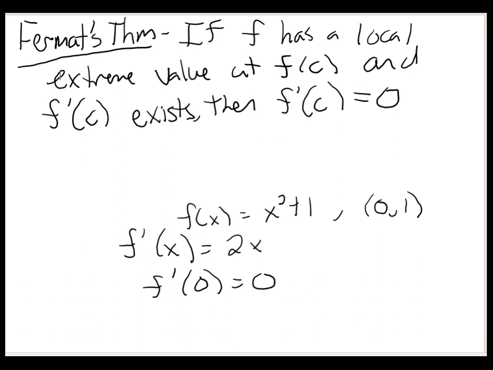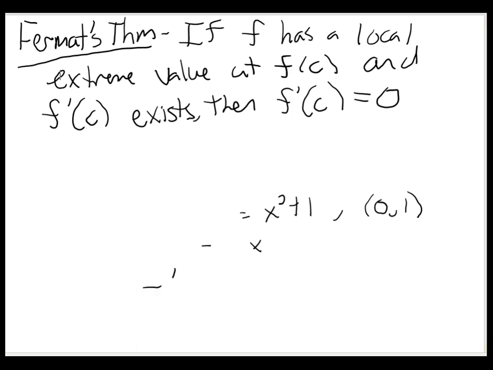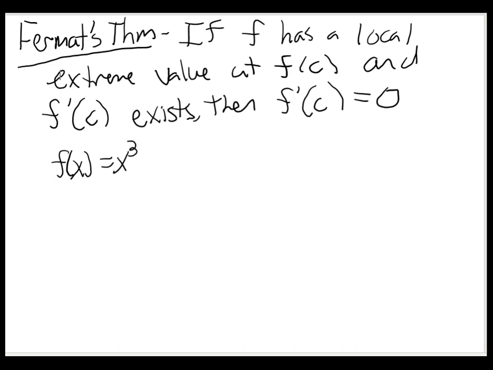Now, an interesting case is whenever you take something like f of x equals x cubed, this actually looks something like this. There is no local extreme value. It sort of slightly stops, but then it keeps going.